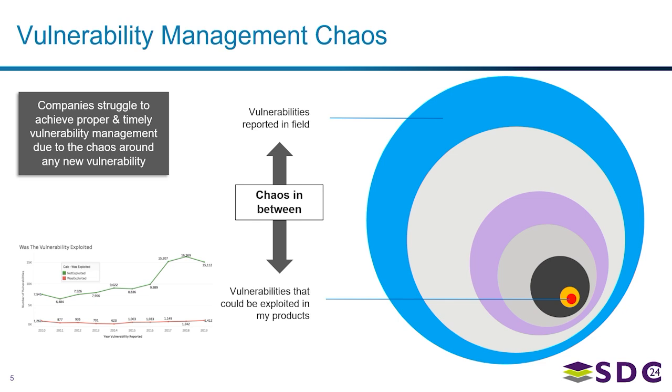Looking at some data points from 2010 to 2019, if you just look at 2019, there were 15,000-odd vulnerabilities. Amongst all of these, the ones which were actually exploitable are just about 1,000 to 1,500. Which means there are a lot of vulnerabilities in the field. The moment a vulnerability is introduced in the field, you need to go look at it and try to understand how you are impacted as an organization.